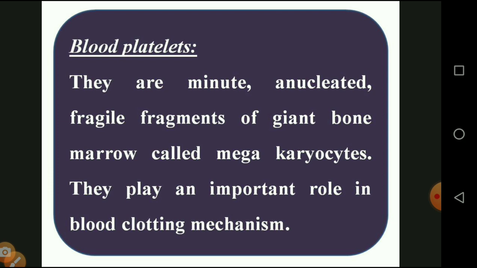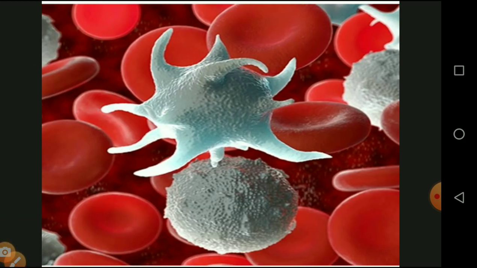They prevent our body from losing blood during an accident or any kind of cut, fracture or injury. Otherwise the blood would be lost, and at the same time we would lose our life and die. This is prevented by blood clotting with the help of the blood platelets. And this is the diagrammatic representation of the platelets from giant bone marrow cells.